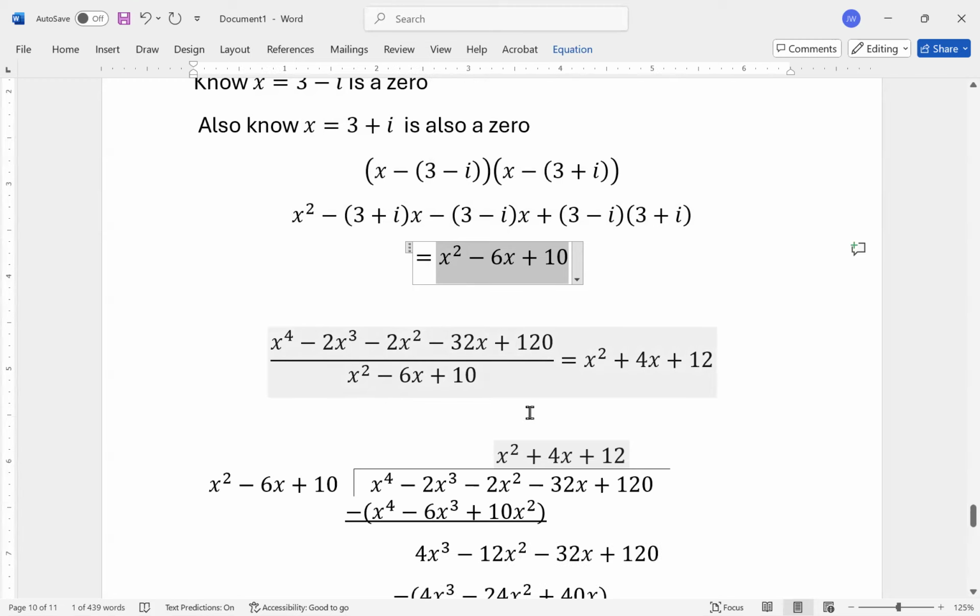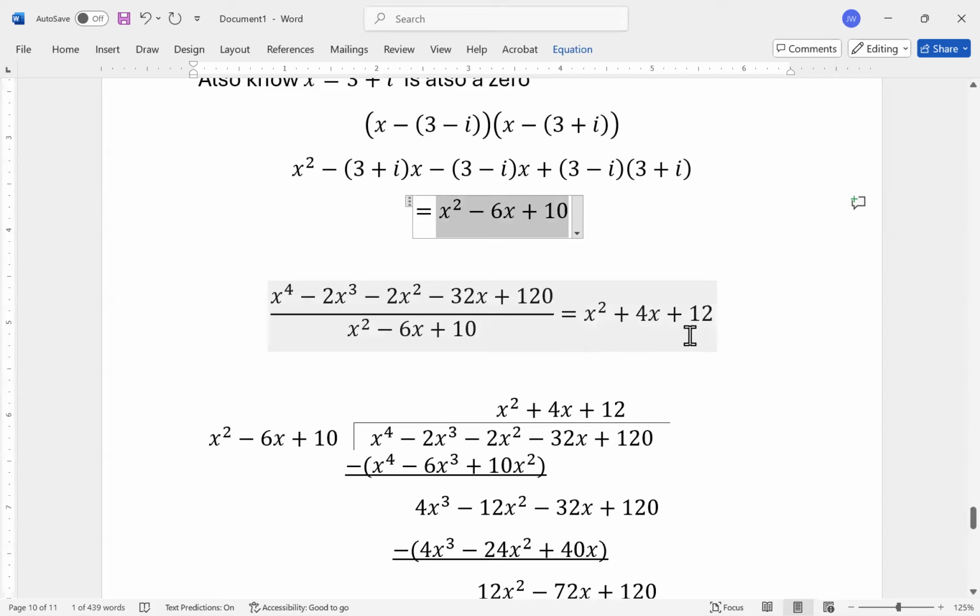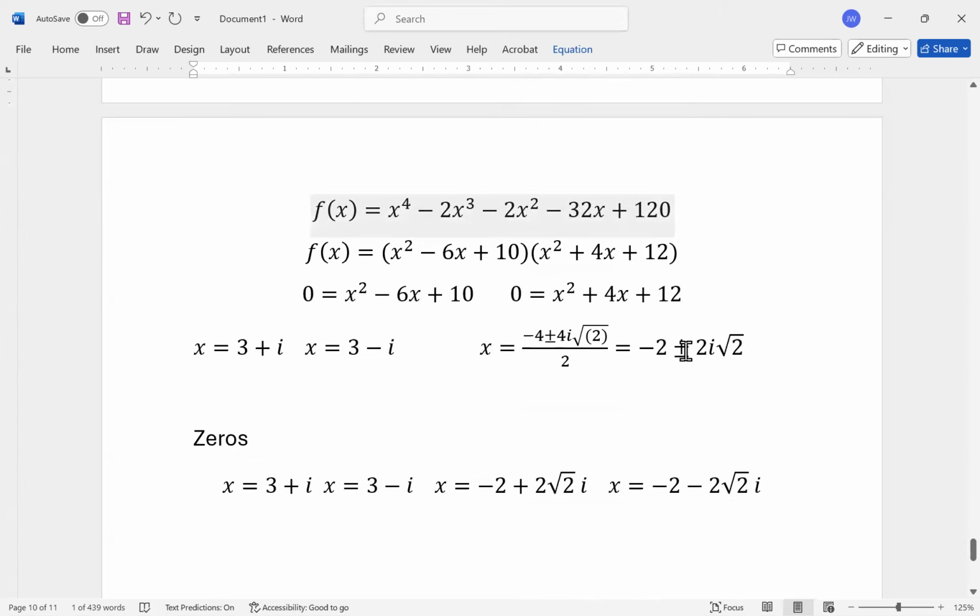When I do that, I'll get another quadratic in this case. And then I can solve both quadratics. So quadratic equation number 1 set equal to 0 gives me 3 plus i and 3 minus i. I knew that from the factorization. And then the second quadratic set equal to 0 gives me -2 plus 2 root 2 times i, -2 minus 2 root 2 times i.